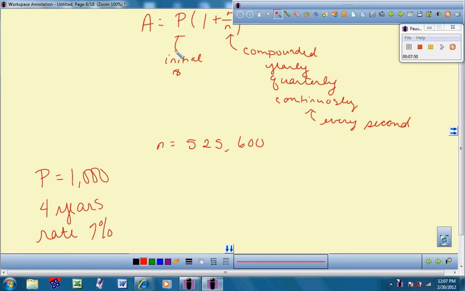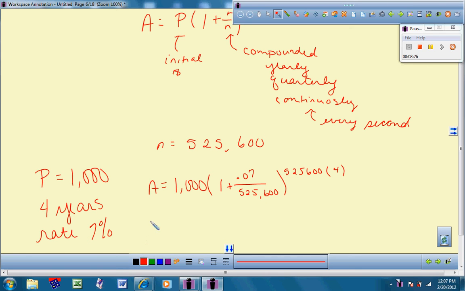Alright, so let's fill in our equation. A is going to be equal to my 1,000 times 1 plus my rate of 0.07 over the total number of seconds in a year, and I believe we said that was 525,600. We got to raise that to our nt. Well, our n is 525,600. And I want to know how much I'm going to have in the bank after 4 years, so t would be 4.